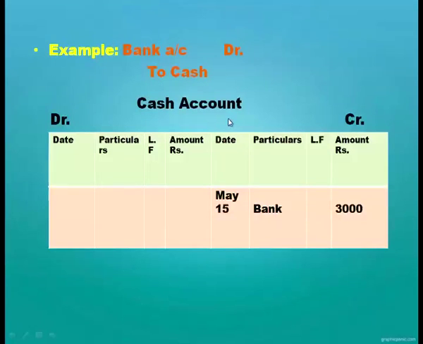So, when you think about the cash account, how you have to post it, this is not a part of the cash book, but I am telling just to make you aware why I am writing the amount in the cash column. When I am writing "By bank", why am I writing the amount in the cash column? Just check this.